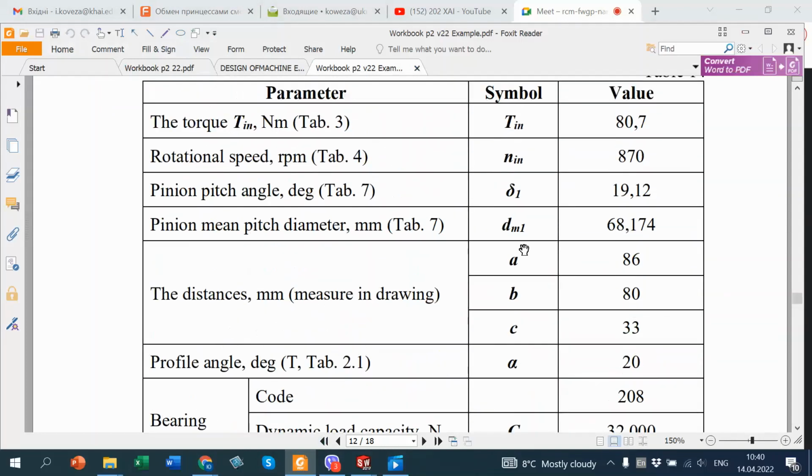So n, it is rotational speed of input shaft.